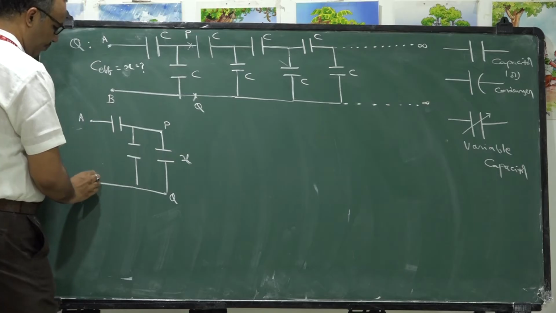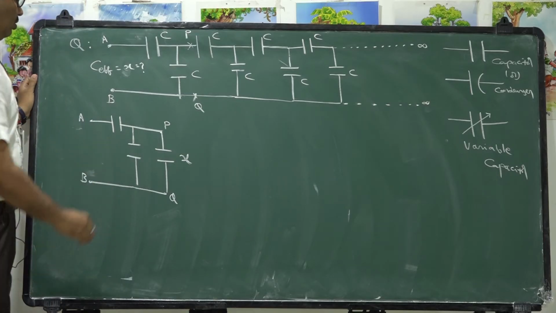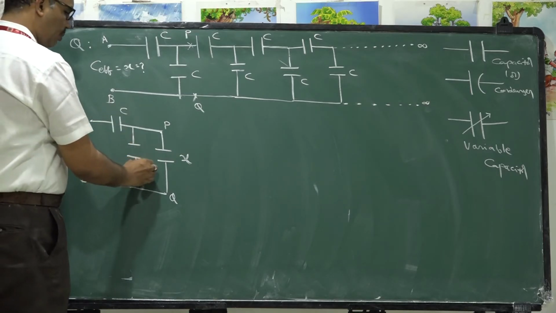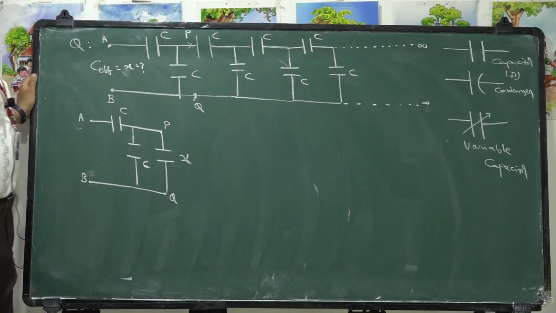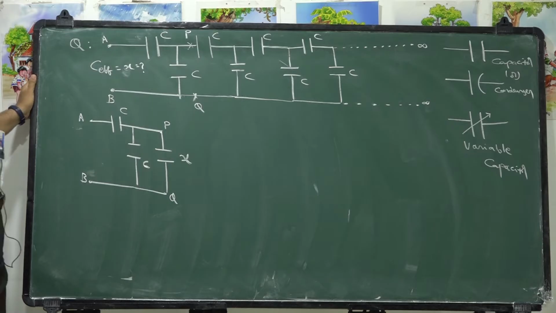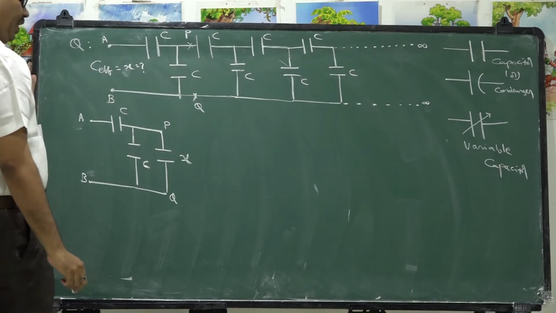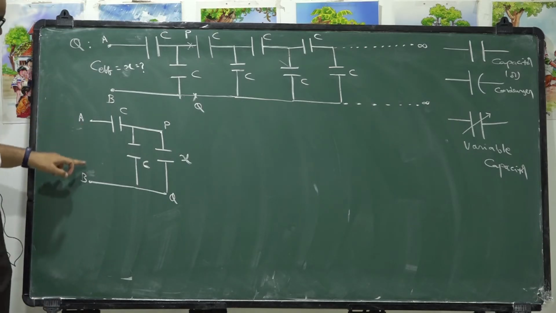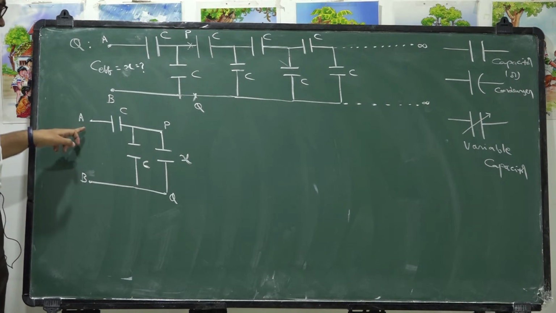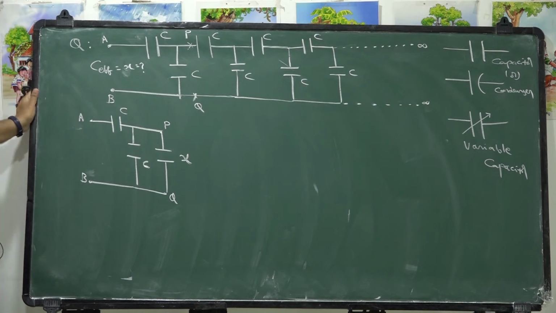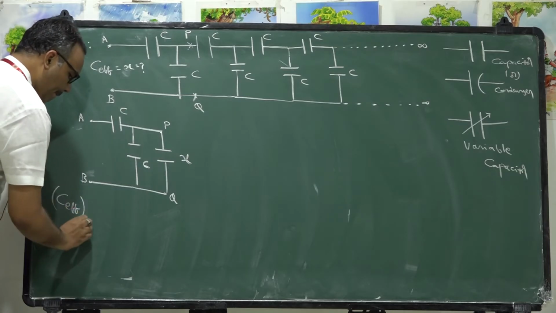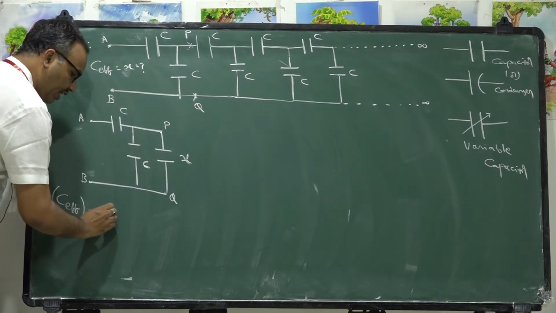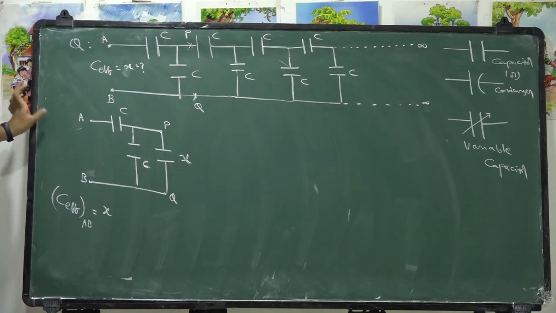Here is B. So already this capacitance is C, this capacitance is C. I replaced the remaining entire network with a single capacitor of capacitance X. Again, if you find the effective capacitance between A and B, you will get same X. C effective at AB is equal to X only.